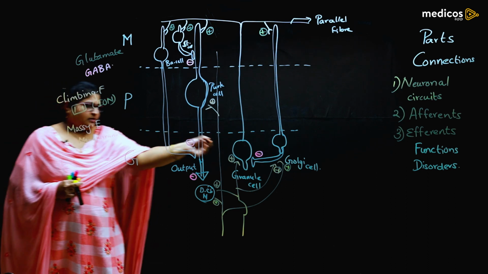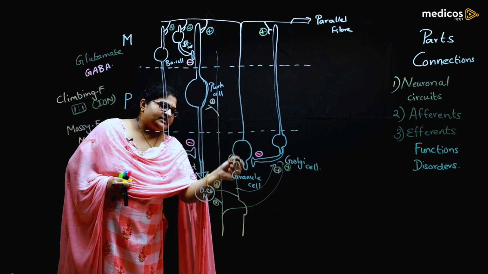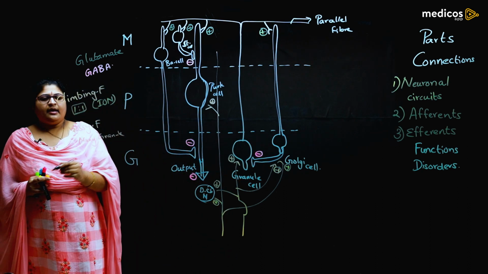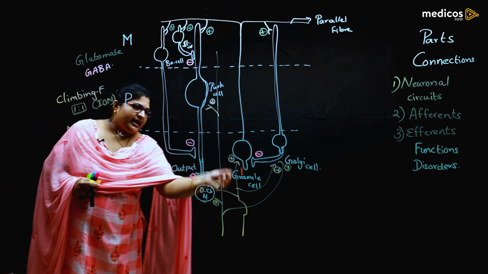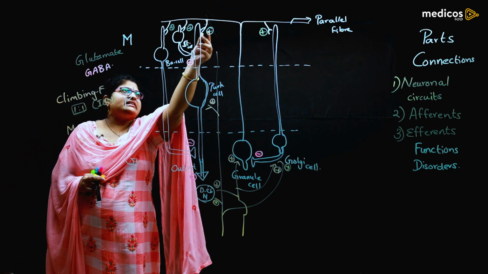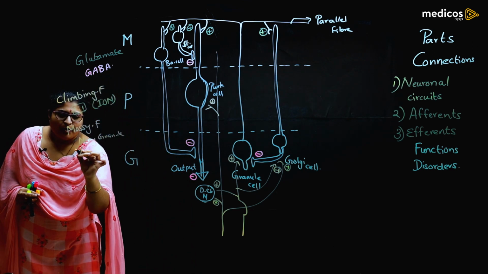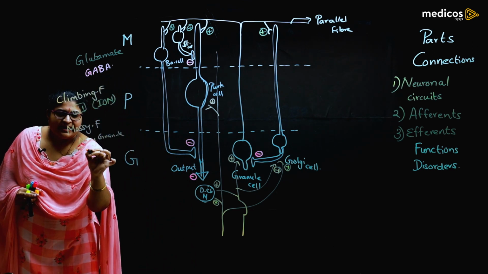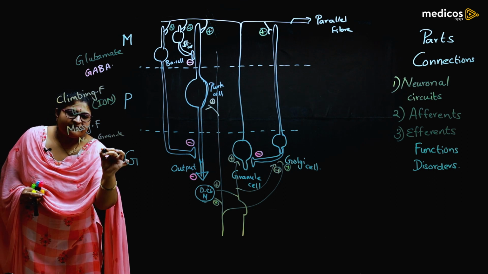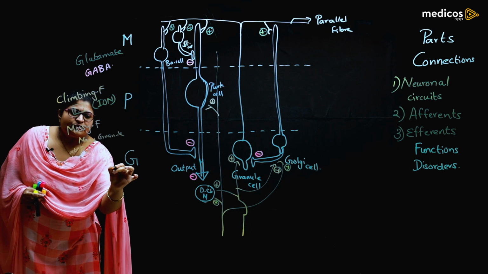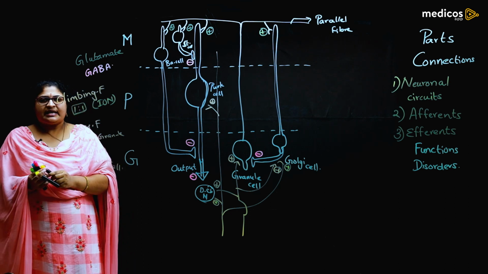So this mossy fiber stimulates granule cells, Golgi cells, and deep cerebellar nuclei. And via the granule cells and parallel fibers, it is indirectly stimulating up to 1 million Purkinje cells. So these are the inputs coming towards the cerebellum.